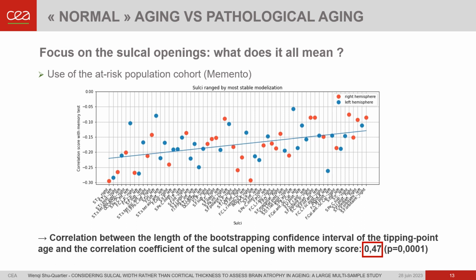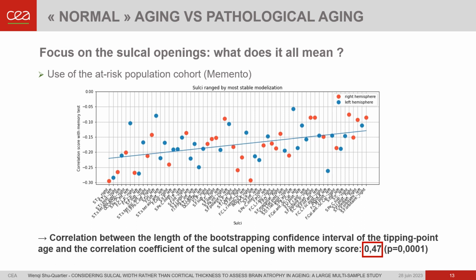By ranking the sulci in ascending confidence intervals, meaning that the sulci that show a pronounced acceleration in atrophy are on the left, we observed an increasing trend in correlation with memory tests, represented by a correlation coefficient of 0.47, which is quite substantial. This correlation, we will call it the double correlation coefficient.